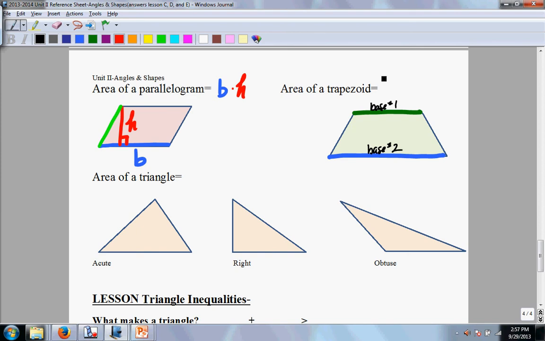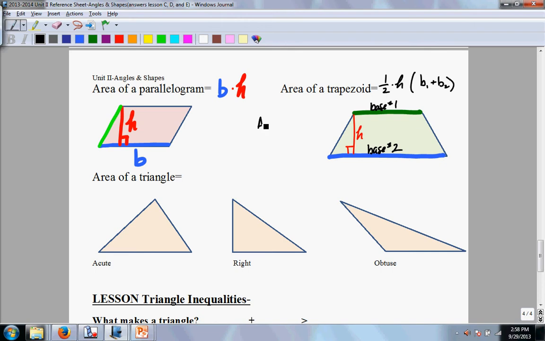So the area of the trapezoid in a textbook, you're going to see this, is 1/2 times the height. Height, again, goes straight down and makes a right angle. Parentheses, base 1 plus base 2. Area of a trapezoid is 1/2 the height, base 1, plus base 2, not times.